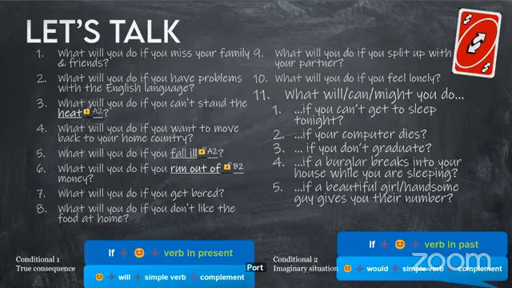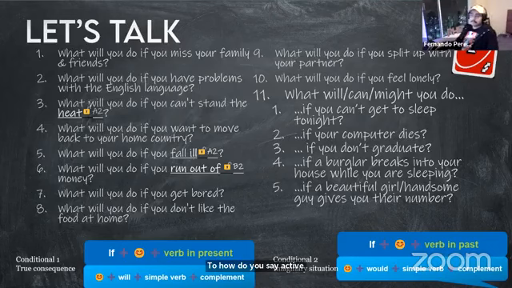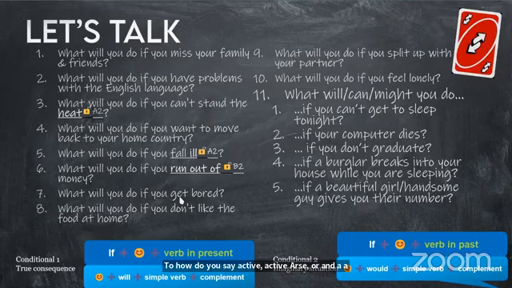I will try to, how do you say, activarse. You can use get again, but get in a different form.